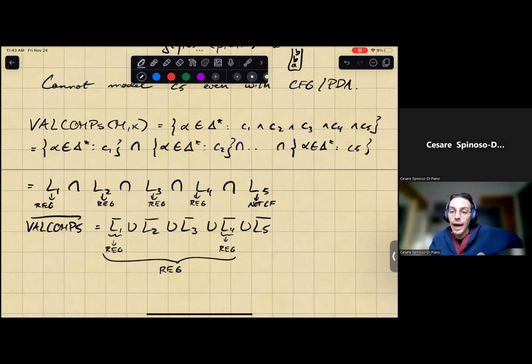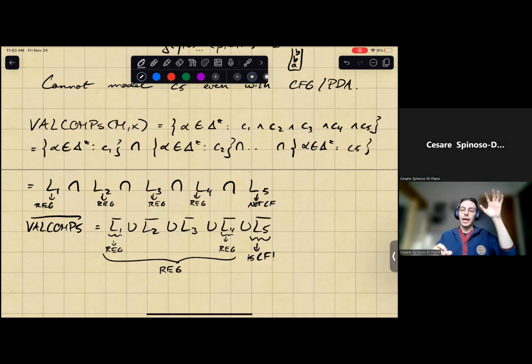Okay. And what's happened to L5 complement? That's the only other thing we need to study. It turns out that L5 complement is context-free, amazingly. That's not so obvious, but L5 complement is context-free.